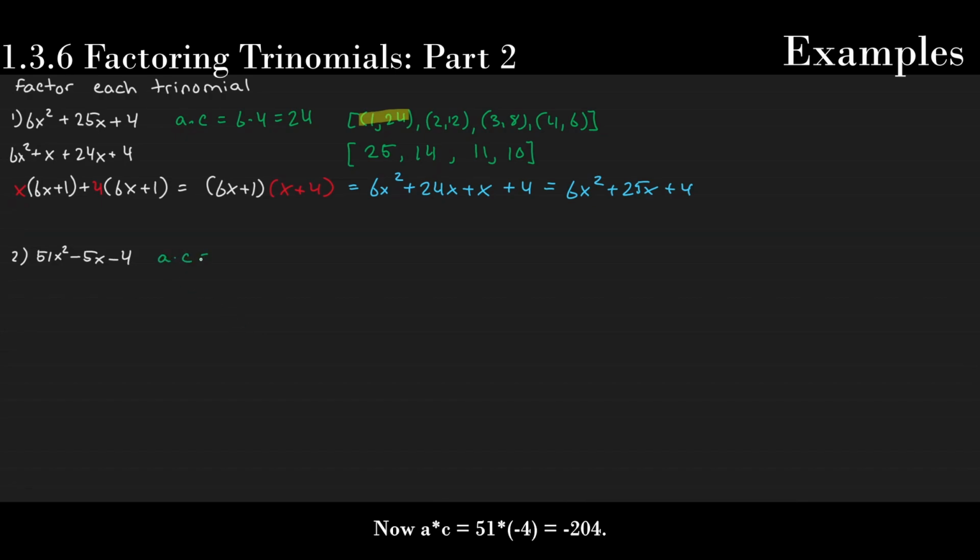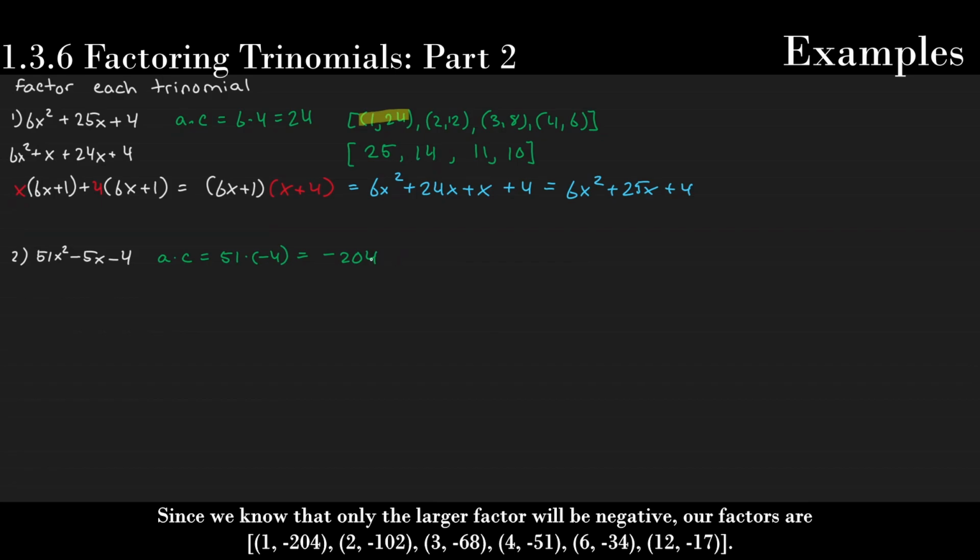Now a times c equals 51 times negative 4, which equals negative 204. Since we know that only the larger factor will be negative, our factors are 1 and negative 204, 2 and negative 102, 3 and negative 68, 4 and negative 51, 6 and negative 34, 12 and negative 17.